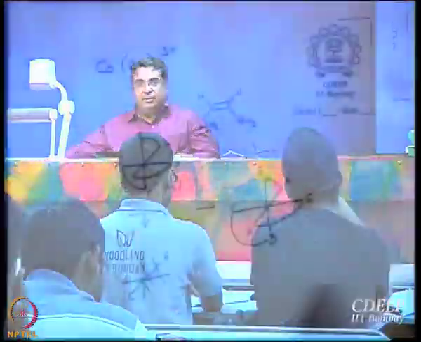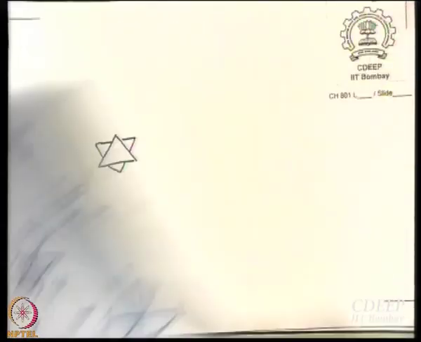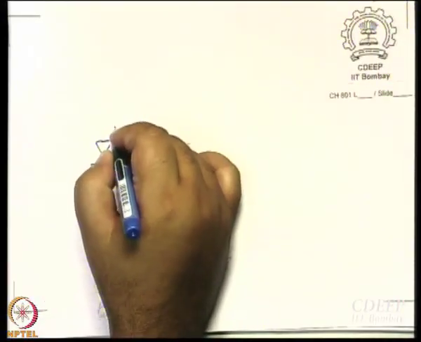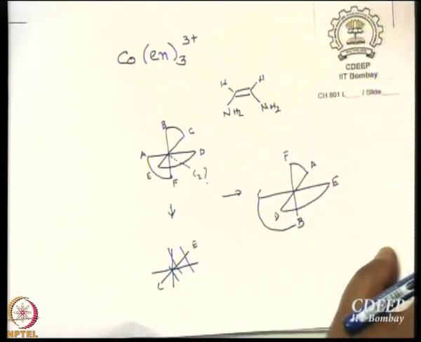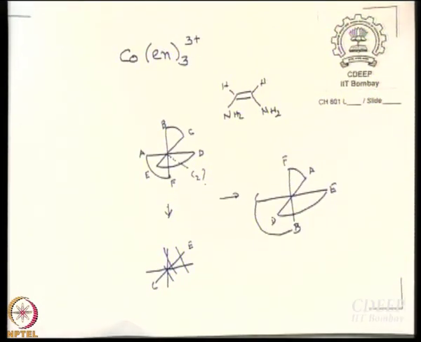Is that so? Right? So if I draw that in the Star of David form, what will it look like? D, B, C. And then, what is the downward triangle? E on the left, A on the right, F at bottom, right?